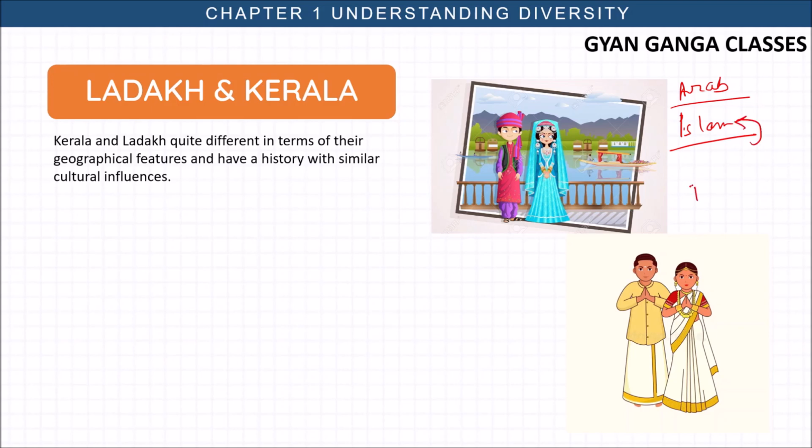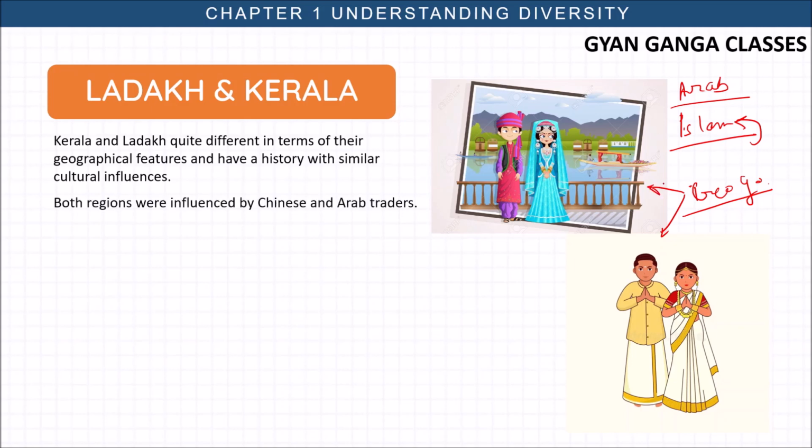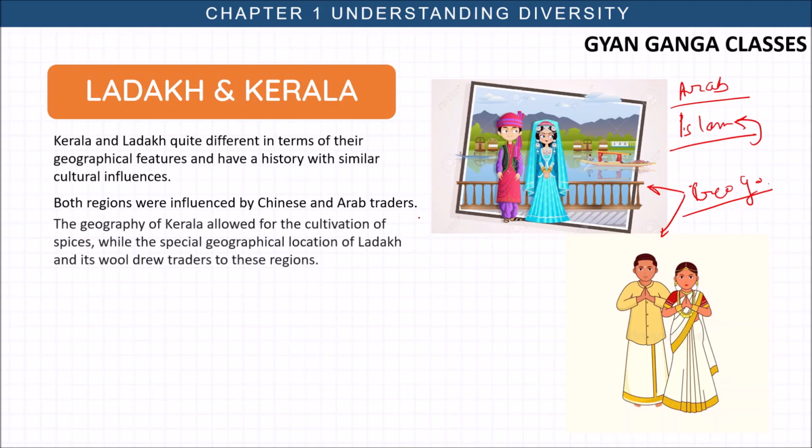The geographical features were very different in both places. Both regions were influenced by Chinese and Arab traders. The geography of Kerala allowed for the cultivation of spices, while the geographical location of Ladakh inspired the people to grow wool and use it in trade.